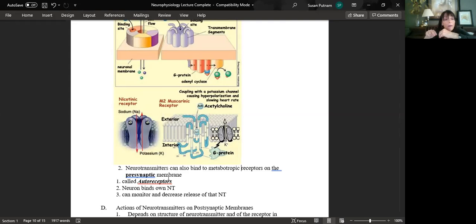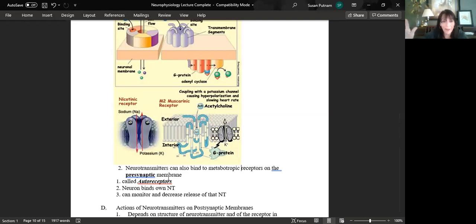So now we have a neurotransmitter molecule that actually goes up and can bind to this particular receptor, this metabotropic receptor. Hey, you released me, and now I'm coming back and binding to a receptor right on you. I don't want to leave you.